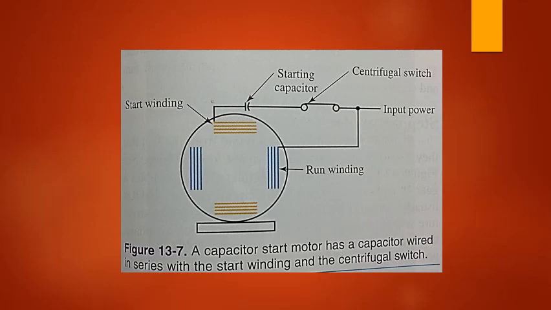If a capacitor is connected in series with the starting winding, a much larger phase displacement can be created. A larger phase displacement means that the motor will have a much higher starting torque than an induction start motor. The capacitor is switched out of the circuit when the motor approaches full speed. See Figure 13-7.